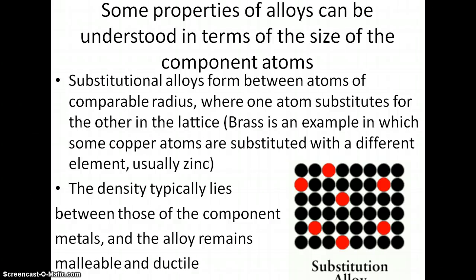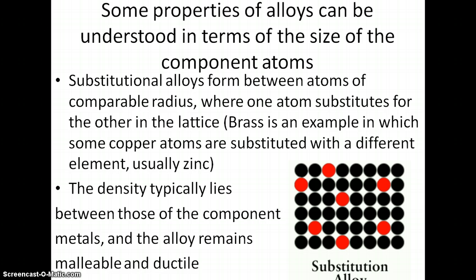The second type of alloy is going to be a substitutional alloy, where we have atoms with similar radiuses, and we're going to substitute one for another in the lattice. Brass is a great example, where we substitute copper atoms for zinc atoms or such. The density usually does not change very much. It's going to end up being very similar to the component metals that are in it.